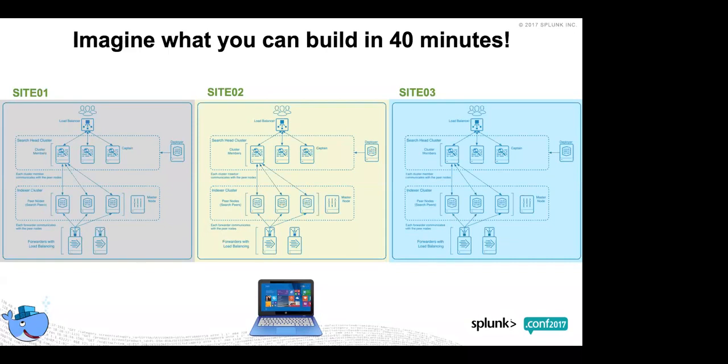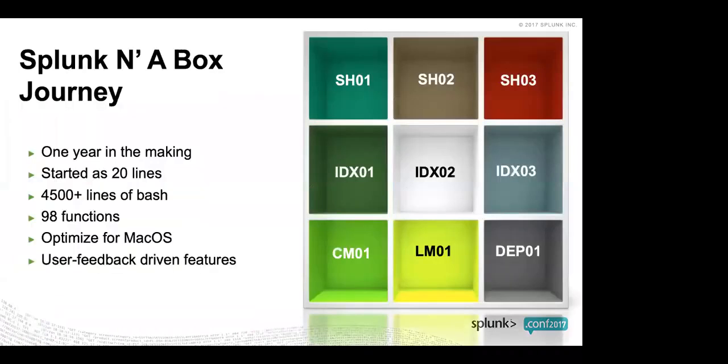So half of the code is spent on making this a repeatable process, not just a one-time deal, where one time it works and next time it doesn't. So a lot of error-catching routines, if you will. It's posted on GitHub, and the link was right there in the front. Or you can just Google Splunk in a box, and you'll see a bunch of articles from people who worked on it.